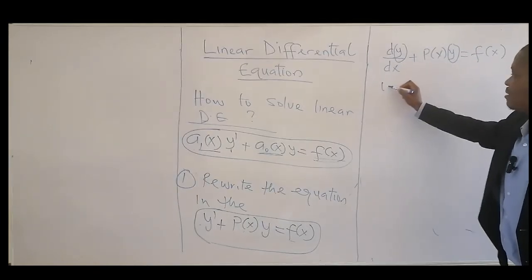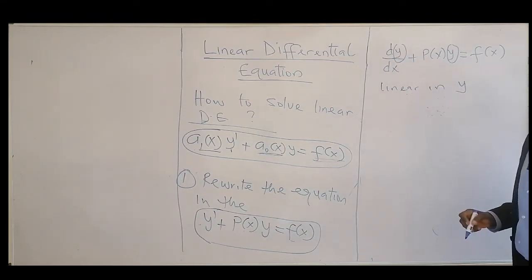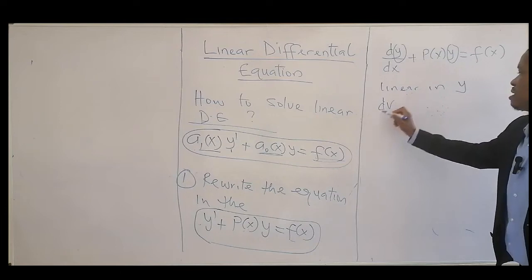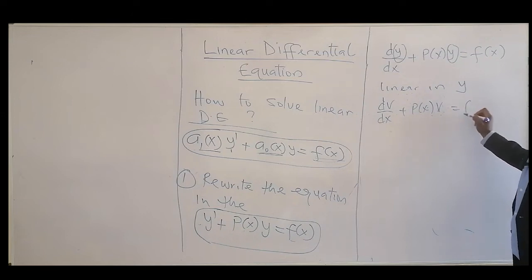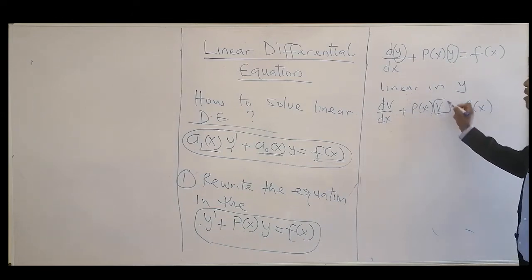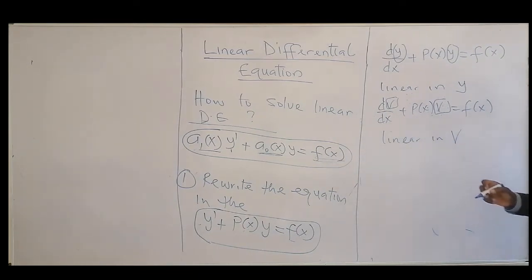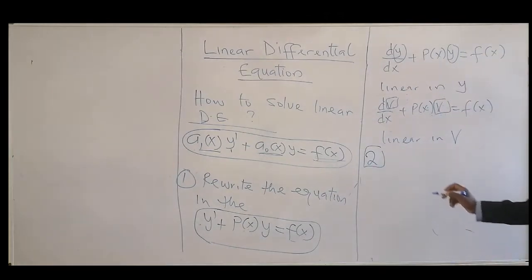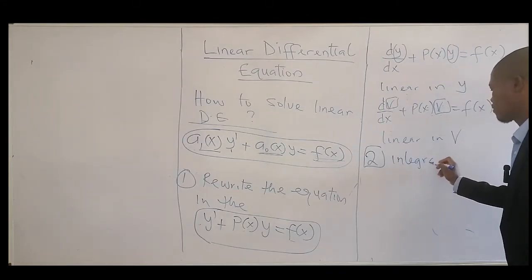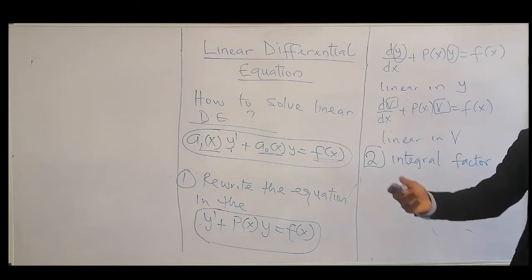So this is linear. It's linear in what? It's linear in y. If I have, let's say, dv dx plus p of x v equals f of x, this one is linear in v. So after you have written it in this form, the next step is to get the integral factor, which we call the integrating factor.